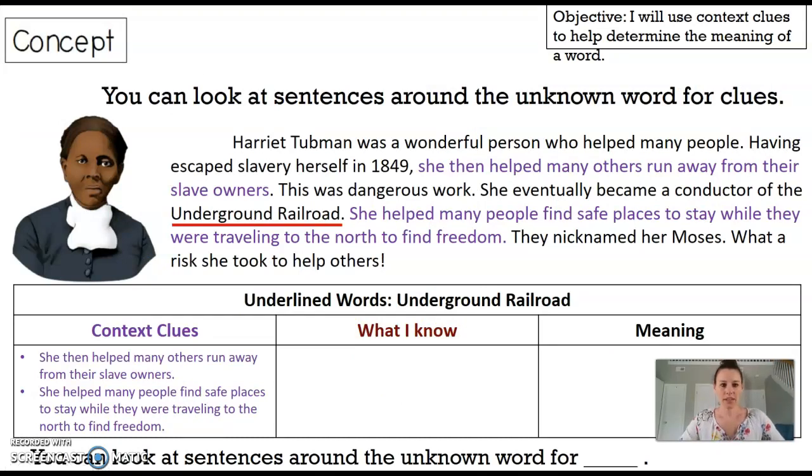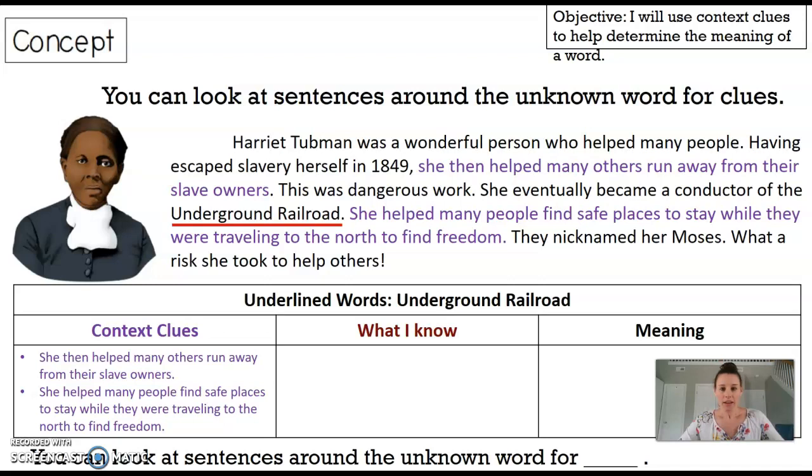Okay, so let's take a look at what we're going to be doing here. We're going to look at sentences around the unknown word for clues. So we're looking at sentences around the Underground Railroad because that's the phrase that we're trying to figure out the meaning for. I've highlighted in purple some sentences around that word, both before and after the word.